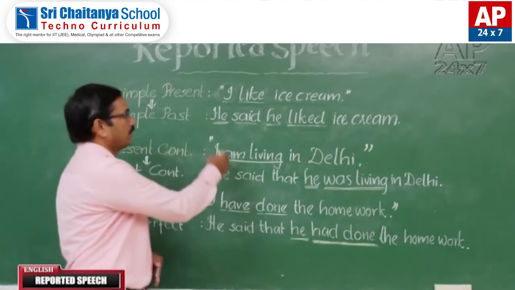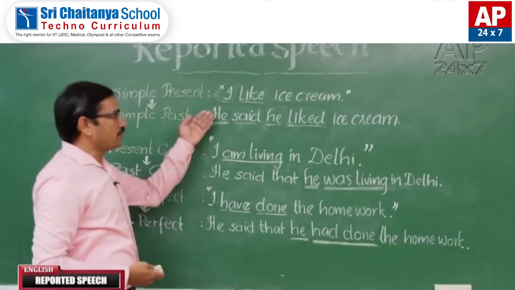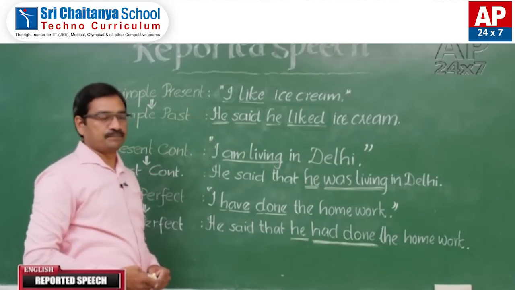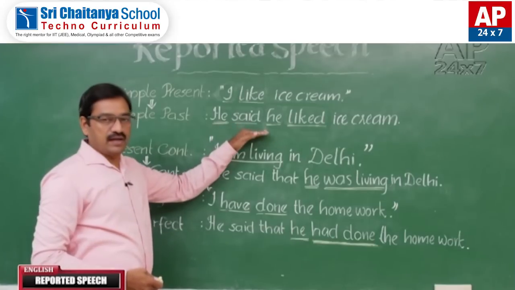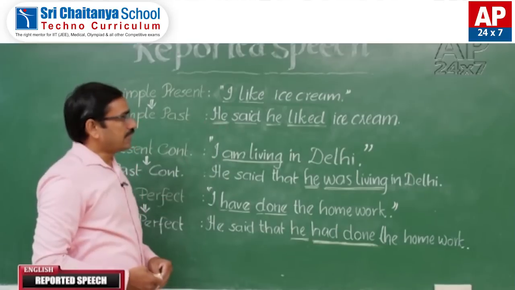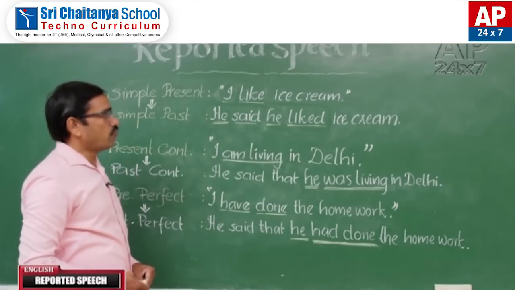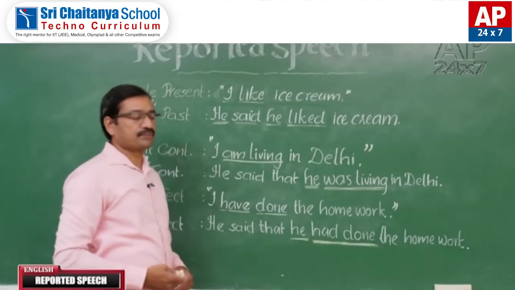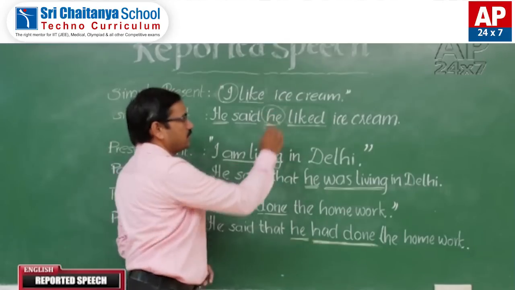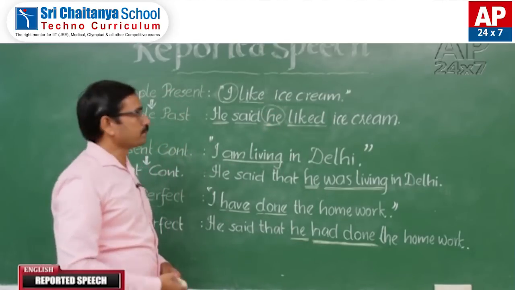He said, it can be any he or she we can take here. He said he liked ice cream. We can also add the conjunction that here, not mandatory: He said that he liked ice cream. What changes took place here? First of all, the pronoun I has changed into he, a third person pronoun.